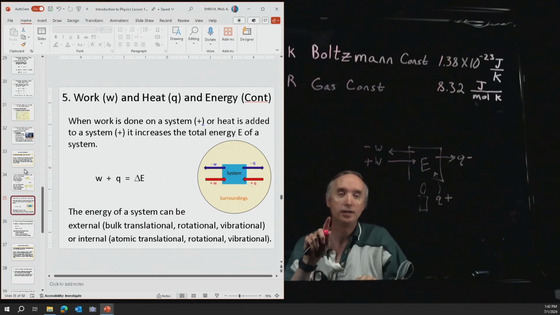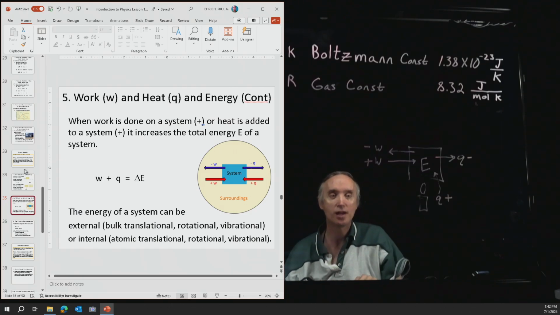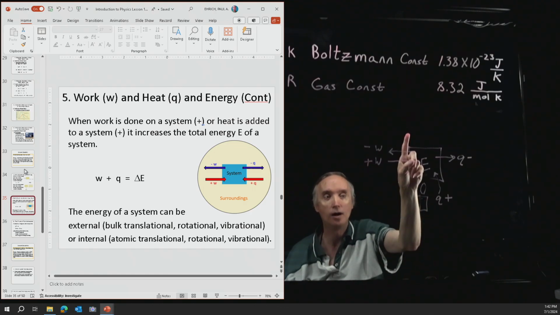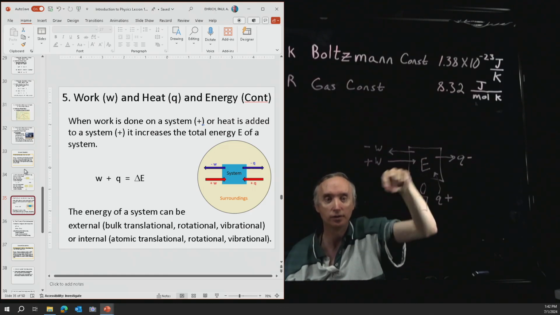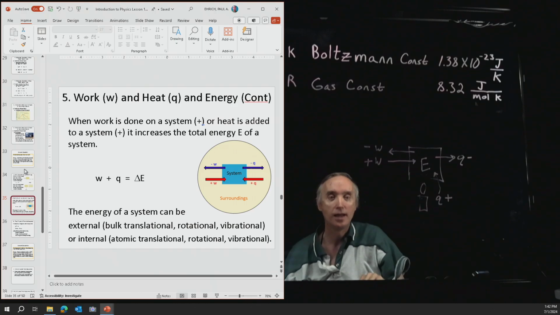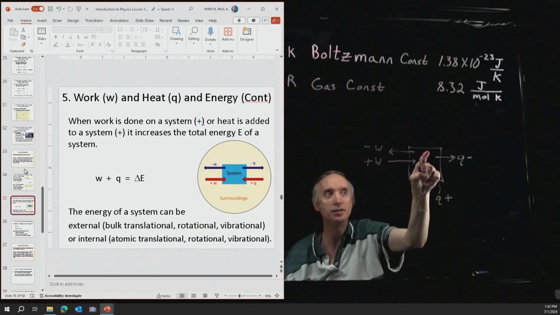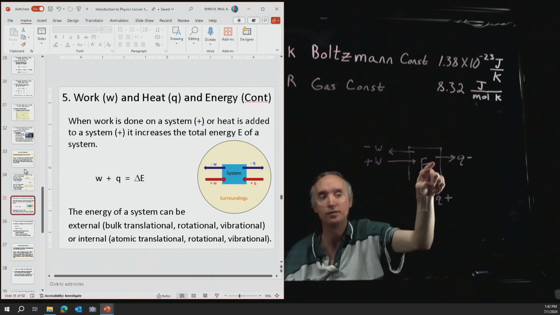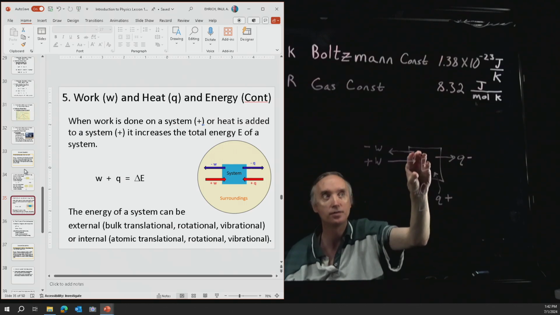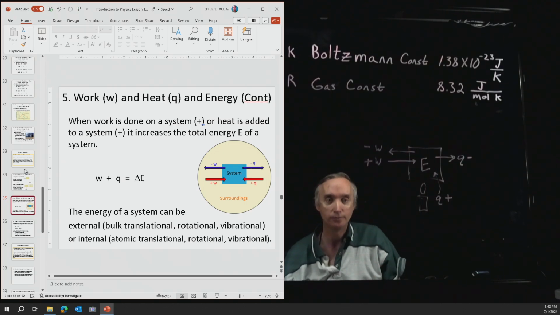So we say heat plus work equals the change in energy of the system. If it's positive, energy is going to go up. If it's negative, energy is going to go down. And we're going to call this the internal energy of the system. The energy that the system initially has is the internal energy.